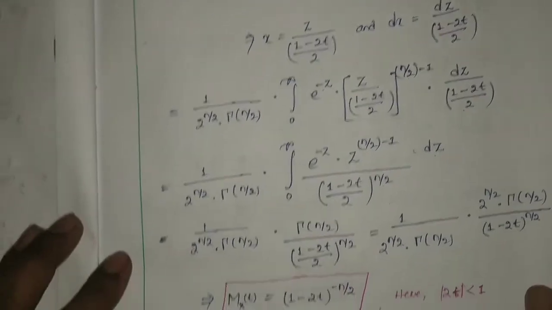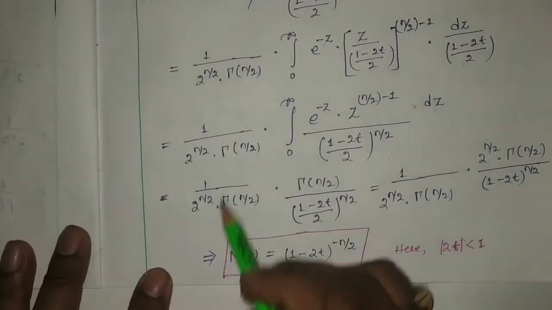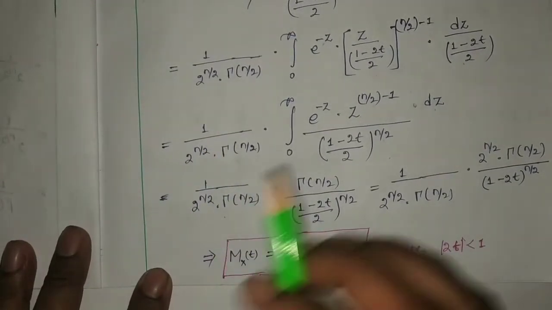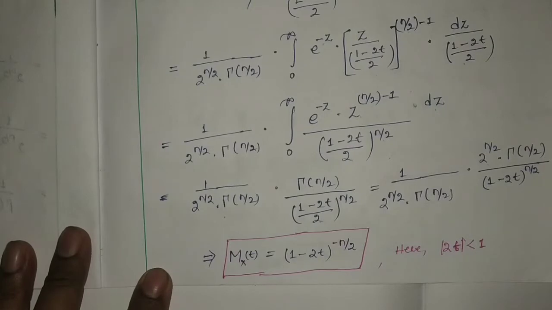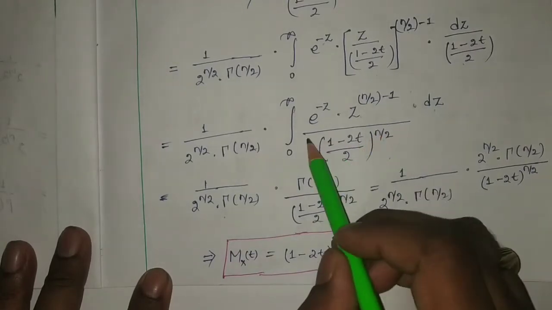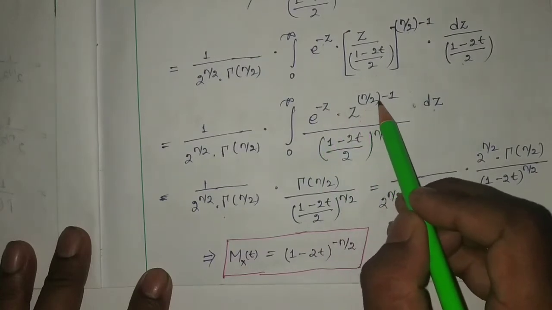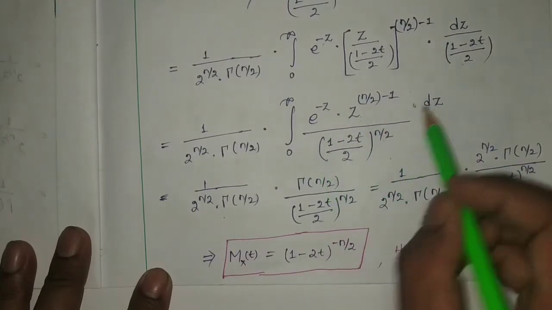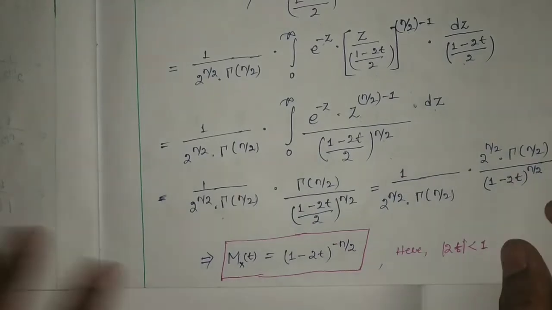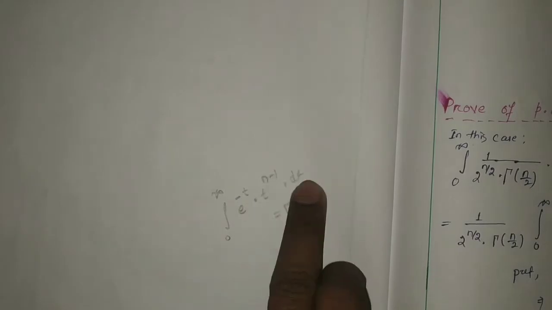Okay, now this constant is written as such. Here, tell me what is 0 to infinity e to the power minus z, z to the power n by 2 minus 1 into dz? Here we just discussed that e to the power minus t, t to the power n minus 1 dt is nothing but gamma n.